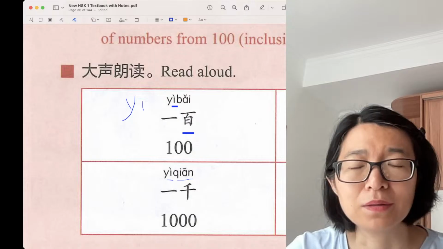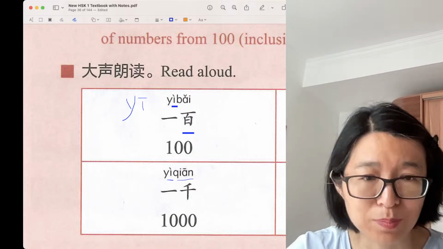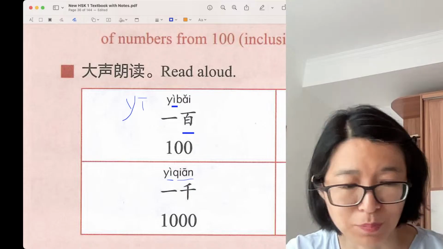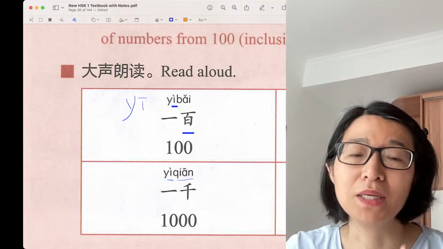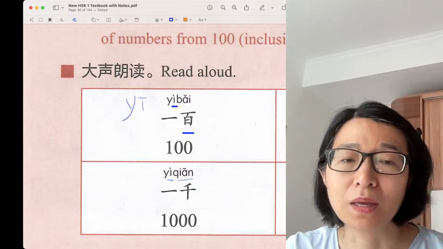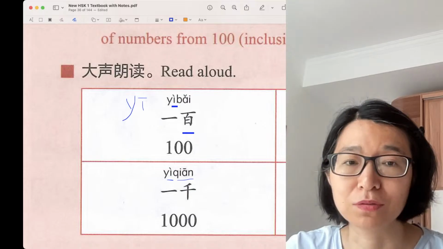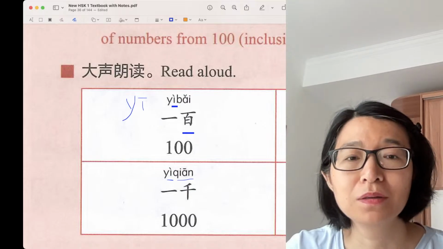Okay, so that is something special about number 1. Number 1 is so special. It can be flexible. It changes tones. So 1,000, 千 is first tone, so 一 changed to a falling tone.